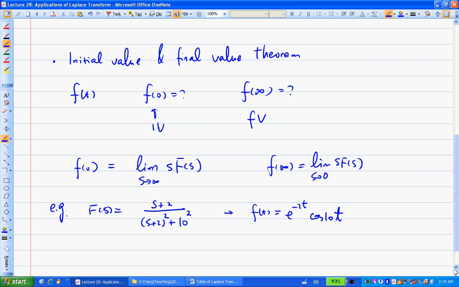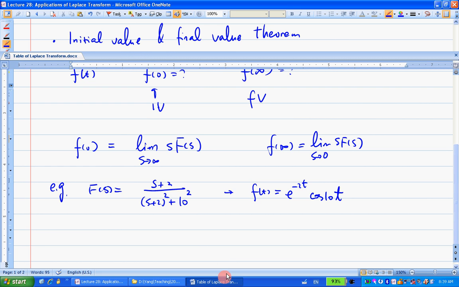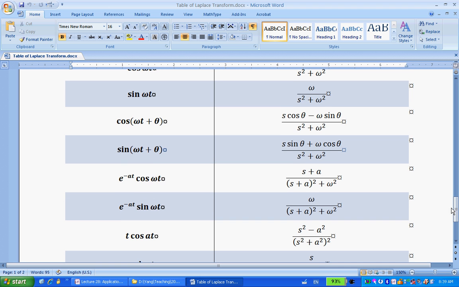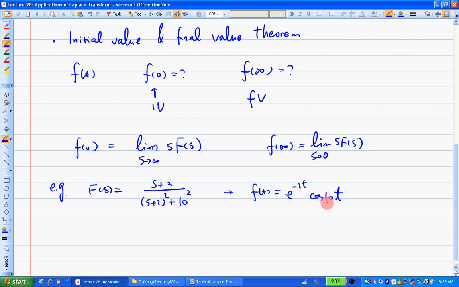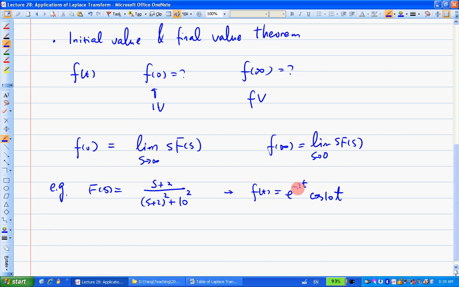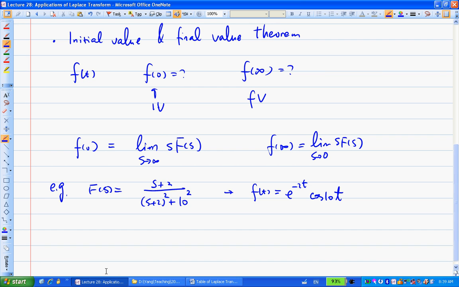Let's quickly verify that this is the Laplace transform of this time function. Just go to your table and use this entry. As you can see, omega in this particular case is 10, and a here is 2. If you plug into this formula, that's the Laplace transform.